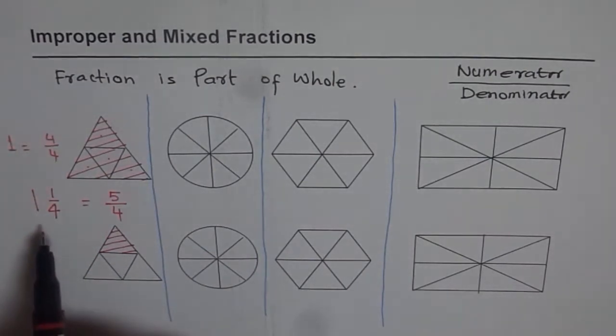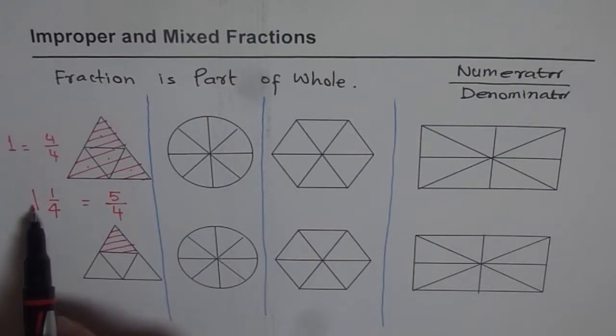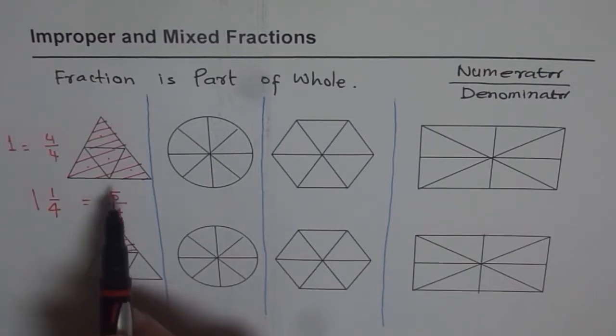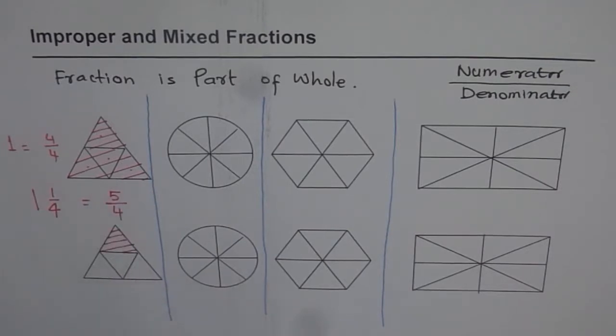This one is mixed since it has a whole number along with a fraction. And this way of writing is improper since the number of parts is more than the number of parts in one whole. Now you got the trick. We don't have one whole here. We have 2 wholes, right?